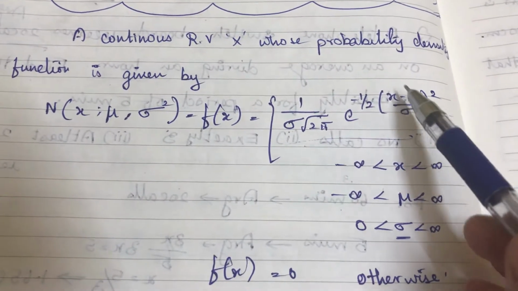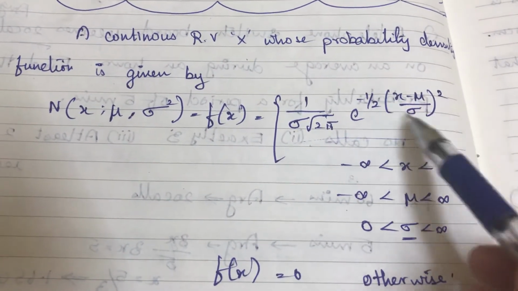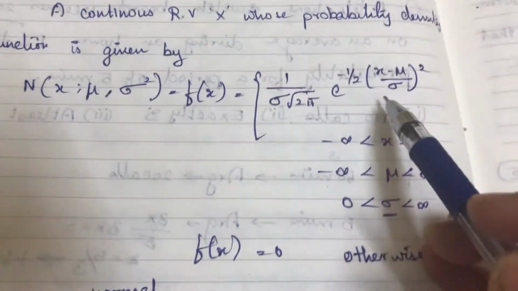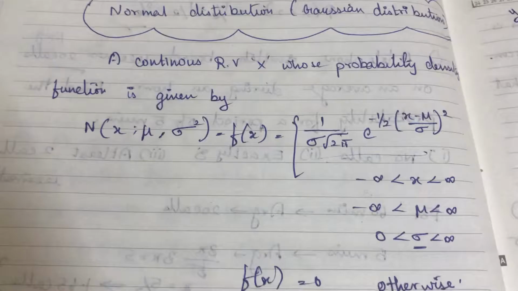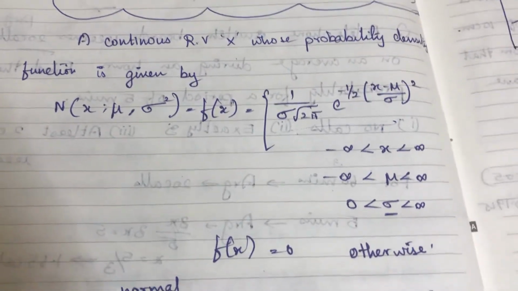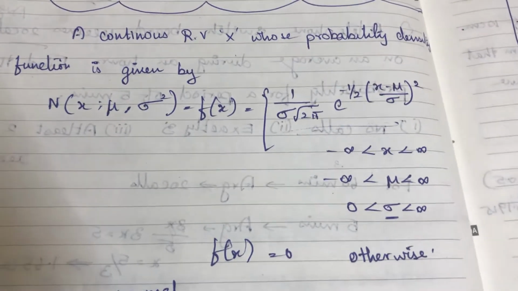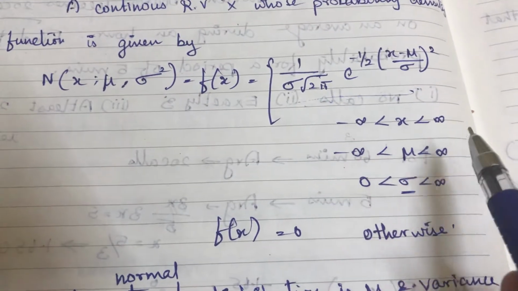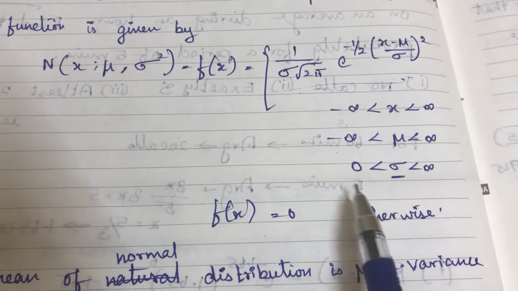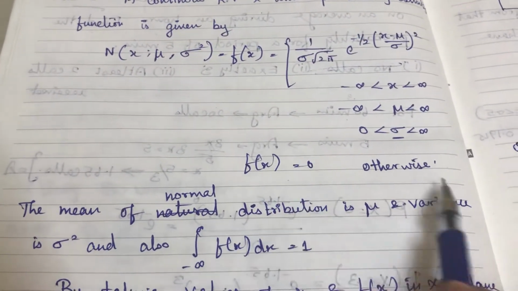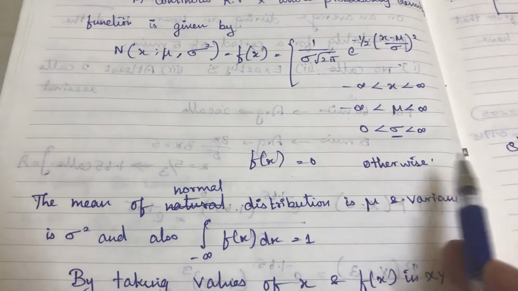Then the e power term, in which there is a complex term, x minus mu by sigma the whole square. And they have given the limits here: x, mu from minus infinity to infinity, but sigma is 0 to infinity. So f of x is 0 otherwise, if they have other conditions.